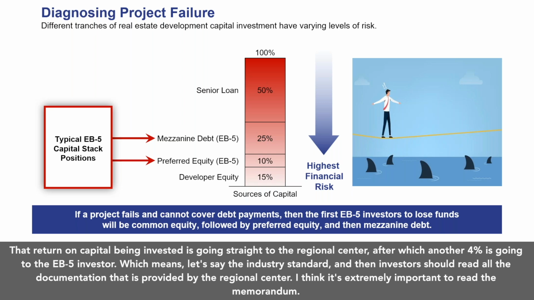That return on capital is going straight to the regional center, after which another 4% is going to the EB5 investor. Investors should read all the documentation that is provided by the regional center.